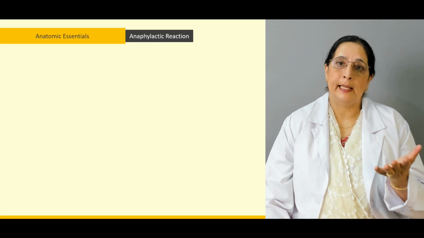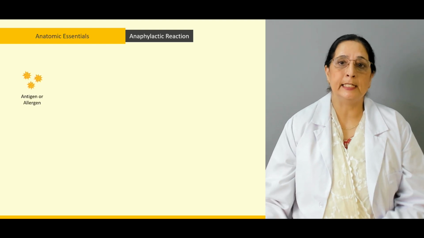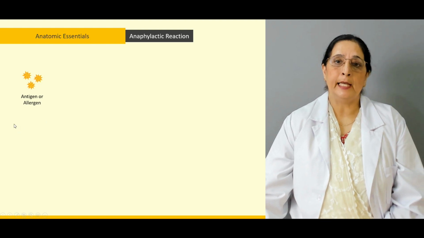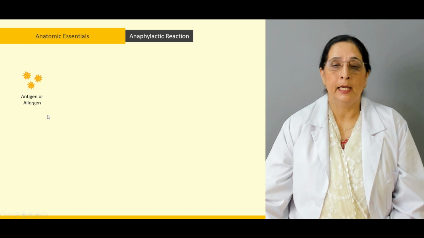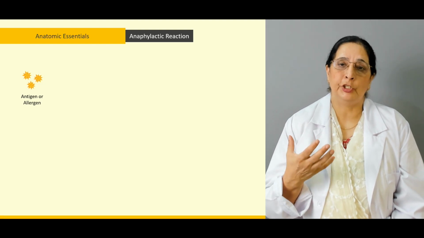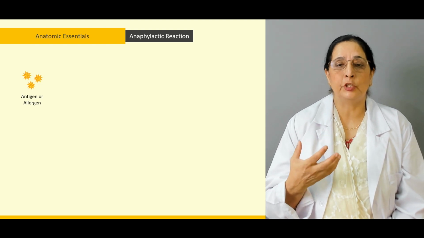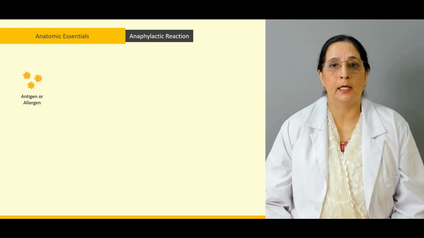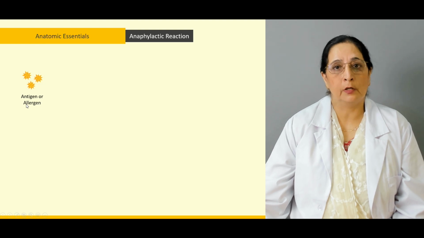As I mentioned, the antigen is also known as allergen. The antigen or allergen enters the body. A lot of patients who have seasonal allergies are allergic to the pollens produced during the spring. So those are also allergens or antigens.